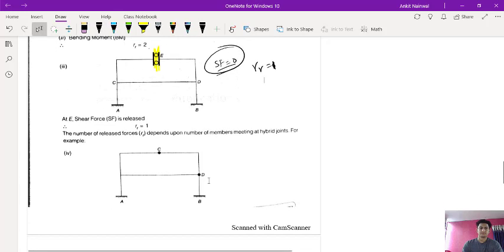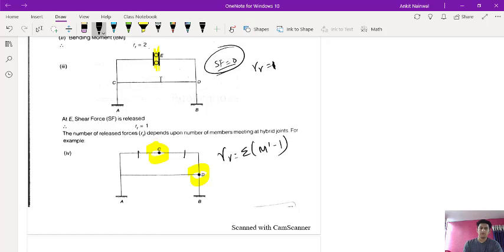Now see this, this is the fourth case. Here one internal hinge is here and one internal hinge is here. For calculating the number of reactions released, RR is the summation of m dash minus 1. First we calculate for this one, it will be 2 minus 1, then for the second one it will be 3 minus 1.